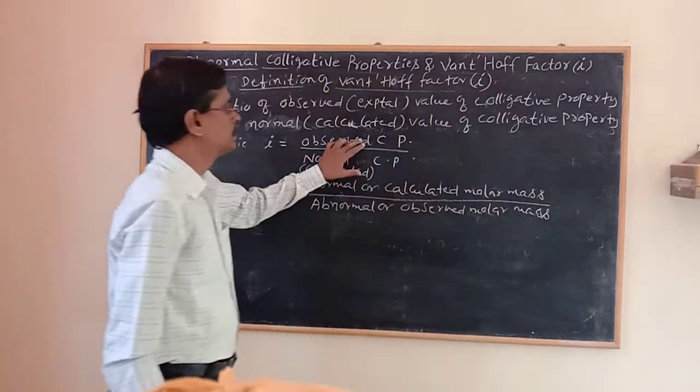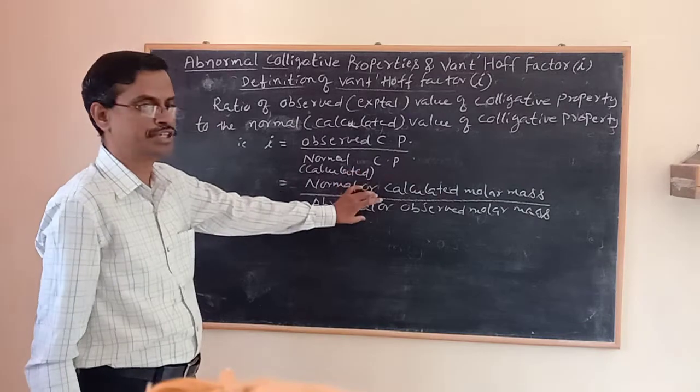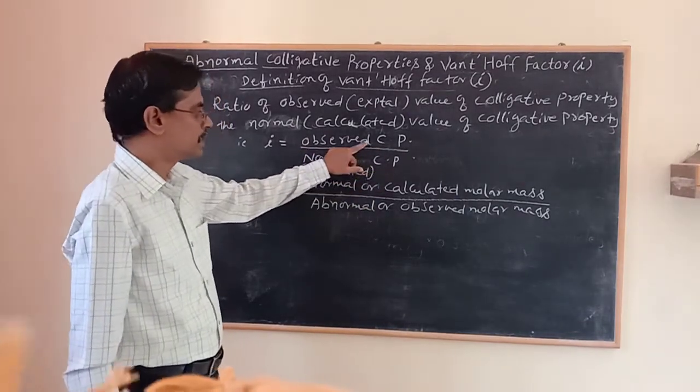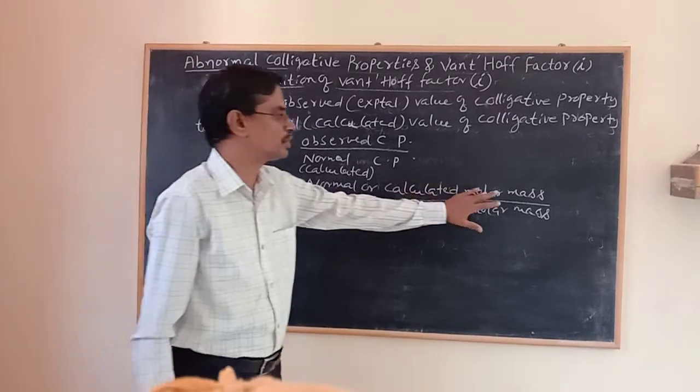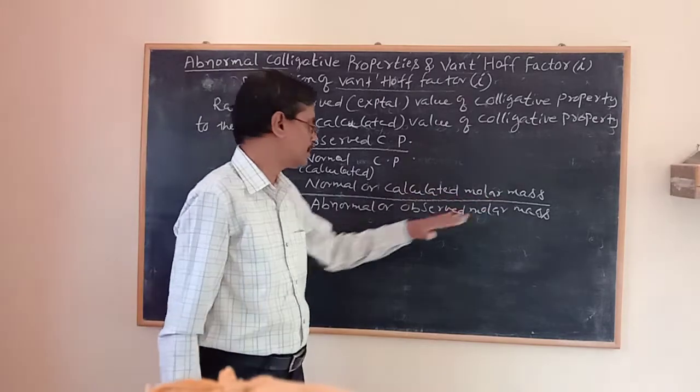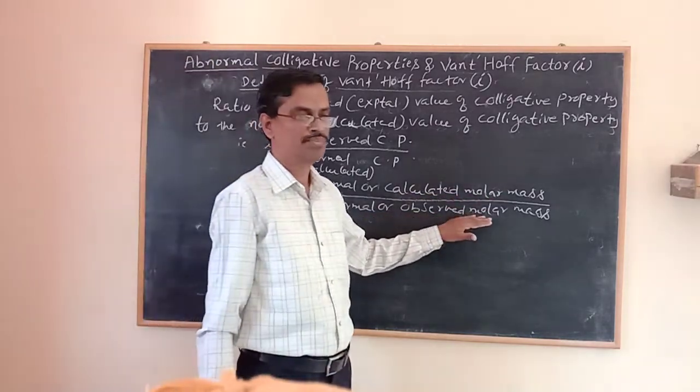Now see the change between these two ratios. Here it is observed colligative property to the normal colligative property. Because of the reciprocal nature of molar mass, we can define i is equal to normal or calculated molar mass to the abnormal or observed molar mass.